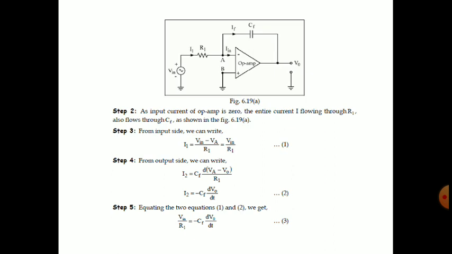VA is equal to 0, so we have minus CF dV0 by dt. Equating the two equations 1 and 2, we get V input by R1 is equal to minus CF dV0 by dt.